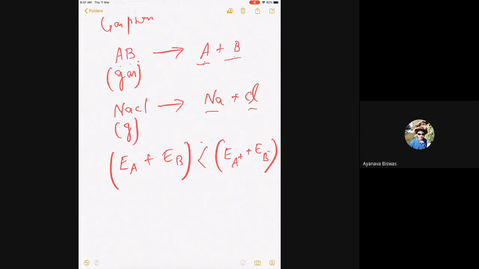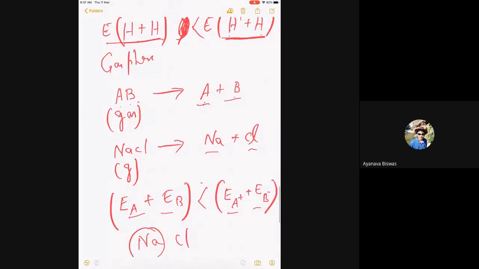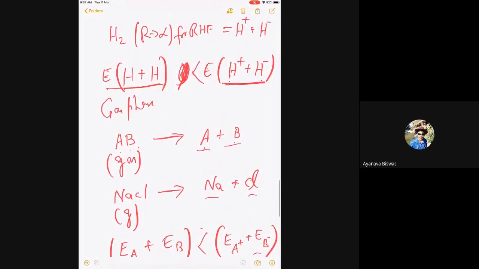You understand my question? Sodium chloride. Then there will be repulsive force between the molecules. There's no molecule here. Both are separated. I'm comparing between two systems: AB going to A plus B, and another is AB going to A plus B minus, where A is more electropositive than B. So I'm comparing these two on the right hand side.